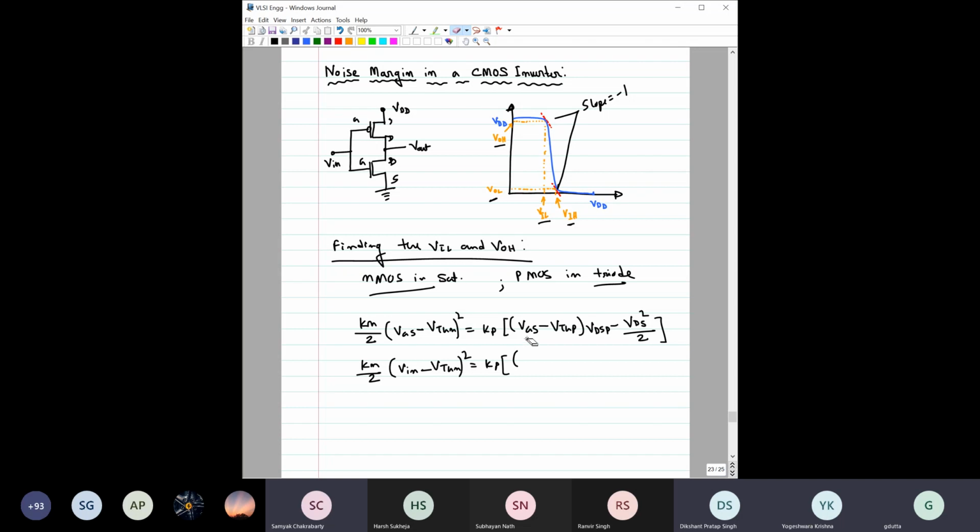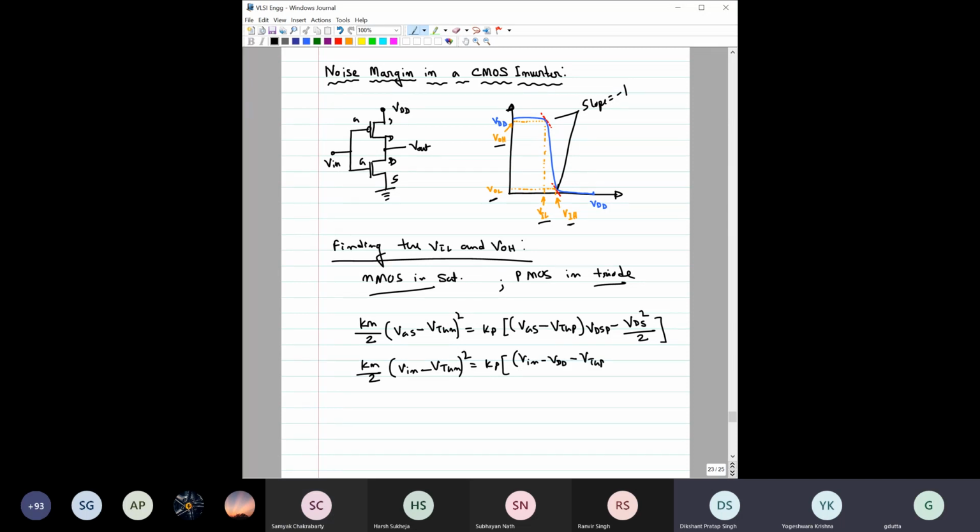We are writing here. Have I written it correctly? If we had written VSG and then outside we had written VSD, then also it will be the same, but then the value would be VDD minus V in, and now it will be V in minus VDD. So V in minus VDD.